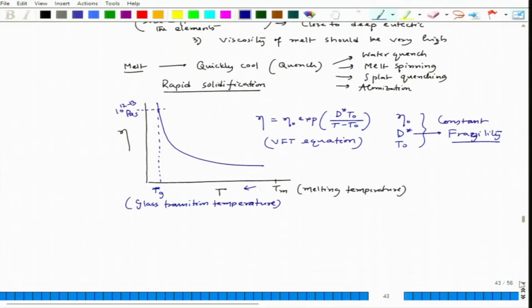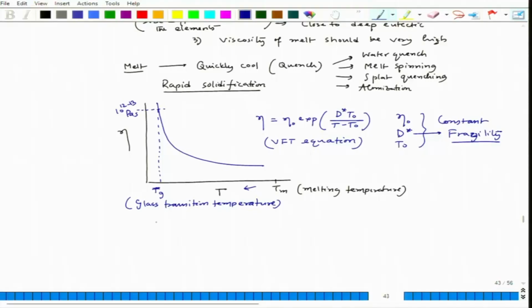And since we are trying to hold the melt structure, the atomic structure, at a lower temperature when it becomes solid, because at that viscosity level the shear movement of atoms nearly freezes, we are holding those atom positions of the liquid state at a low temperature. But at that time the viscosity has gone up because of this viscosity relation and it has become a kind of solid structure, okay, not crystalline, a solid structure.